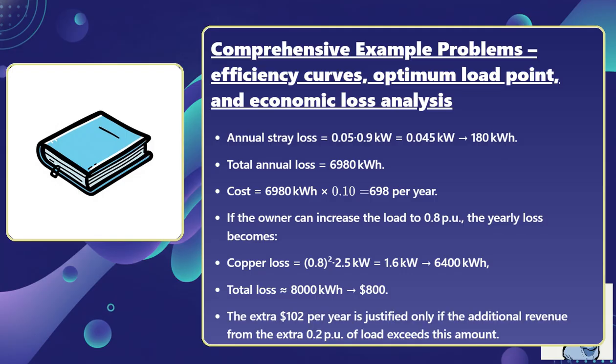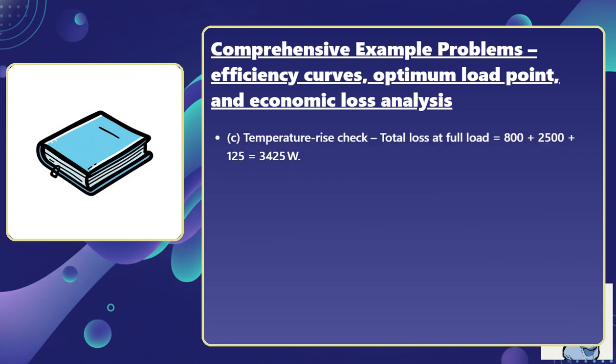The extra $102 per year is justified only if the additional revenue from the extra 0.2 per unit of load exceeds this amount. (C) Temperature rise check. Total loss at full load equals 800 plus 2,500 plus 125 equals 3,425 watts.